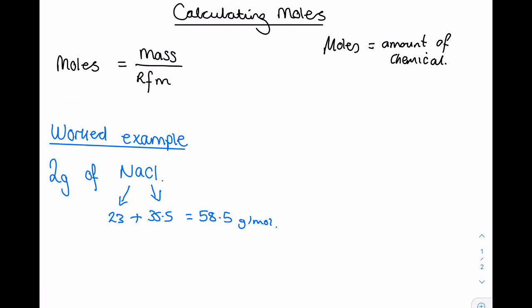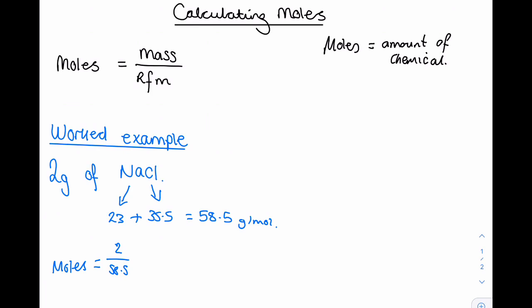So now I've calculated the relative formula mass, and I've got the mass here, so the grams. I can work out moles. So moles is going to equal my mass, which is 2, divided by my relative formula mass, which is 58.5 grams per mole.